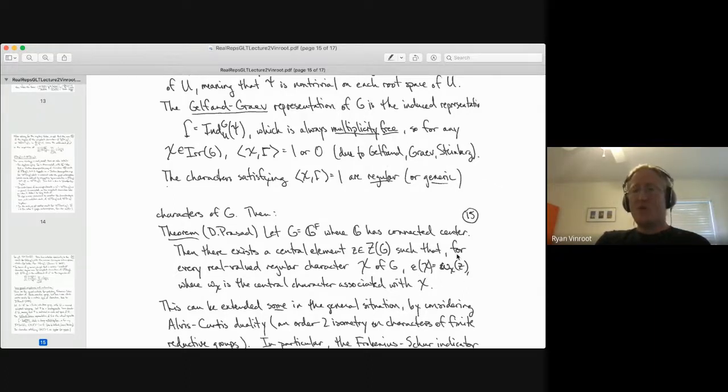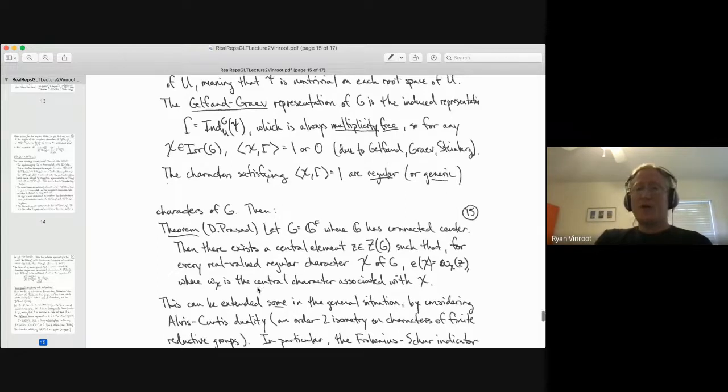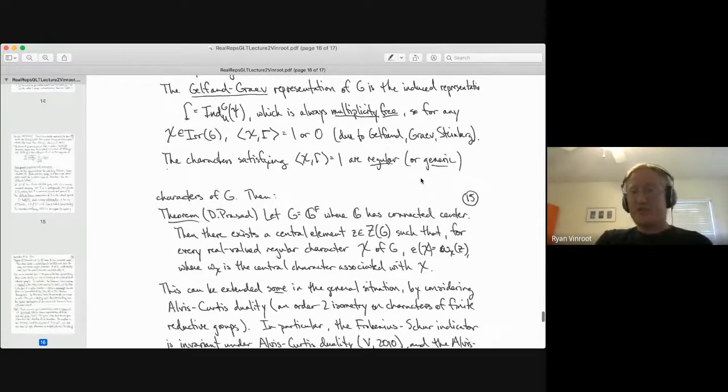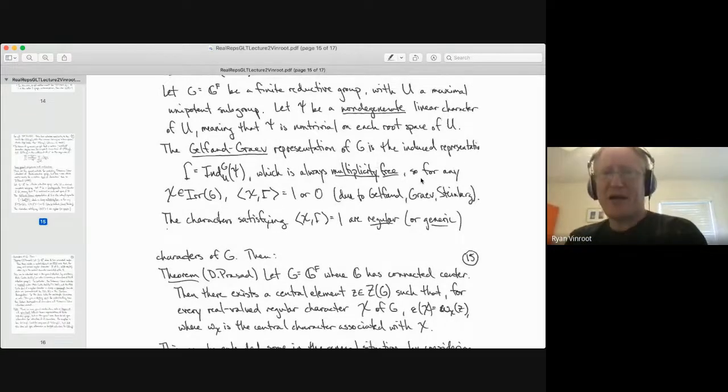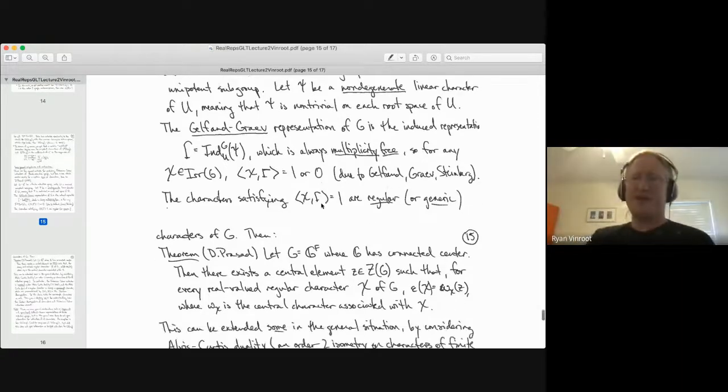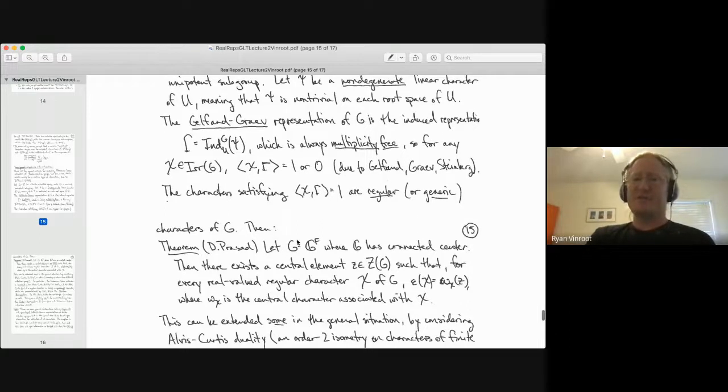So the value of the central character at that central element is either 1 or minus 1, and it tells us whether the indicator is 1 or minus 1. This is a very nice structural result, and it tells us something key about the geometry guiding these indicators. And this is specifically for these characters appearing in the Gelfand-Graev representation.